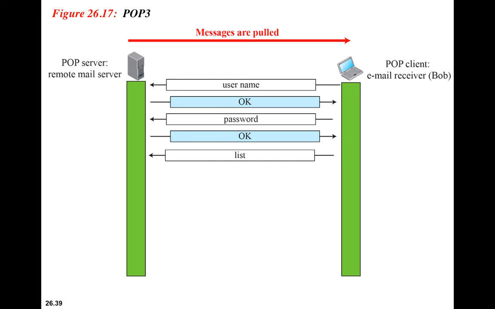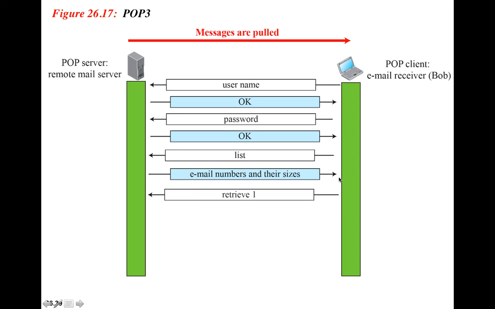After which Bob now requests a list of the emails that have arrived in his mailbox inside the server. The server will respond with the email numbers and their sizes. And then Bob can ask for each email to be retrieved.